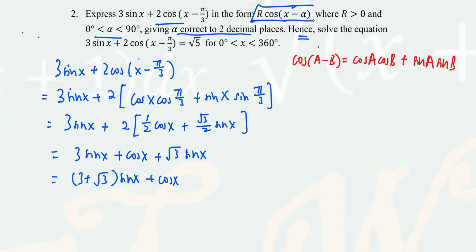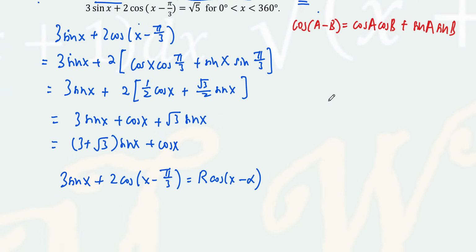Okay, so now here look at this. You need to express in r cos. So when r cos, the first term should be cos instead of sine. I have to rearrange, so I rewrite the question first.